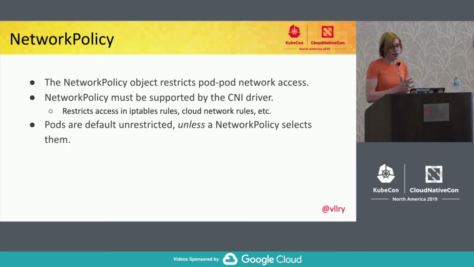So the network policy is an object that specifically lets you put restrictions on this. It tells the CNI driver which routes it should actually allow versus which it shouldn't. So at some kind of firewall level, again, be it like cloud stuff or IP tables or whatever, there will not be rules put in place to connect two given pods if your policies don't allow it.